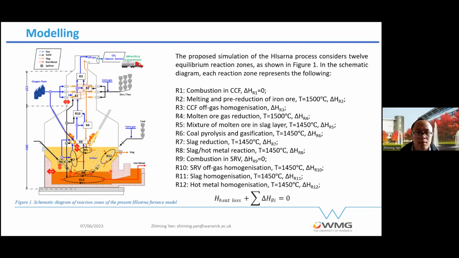And then zones 10, 11, 12 consider the off gas in the SRV homogenized, the slag in the SRV homogenized, and the hot metal homogenized. During the whole process, we also consider the heat change, and the energy needed can be recorded by FactSage, and at the end we can calculate the heat loss and also the total heat loss.